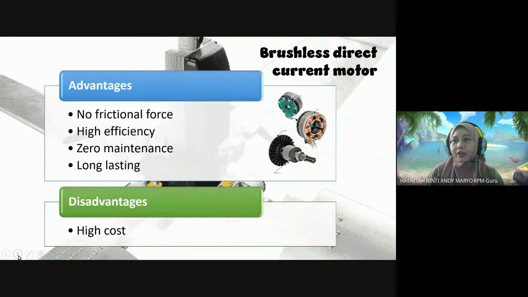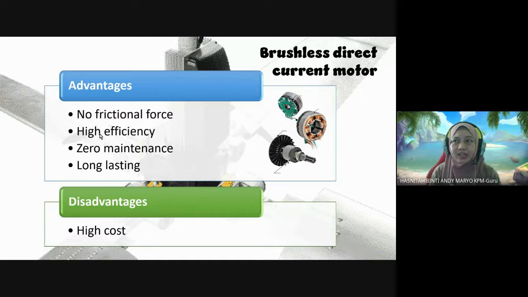Okay, so you can check on the next part. Brushless direct current motor, these are the advantages. The first one, it produces no frictional force because there is no contact between the commutator and the brush, since it doesn't have any brush at all. It works with very high efficiency because there is no friction produced, so it produces a higher percentage of energy.